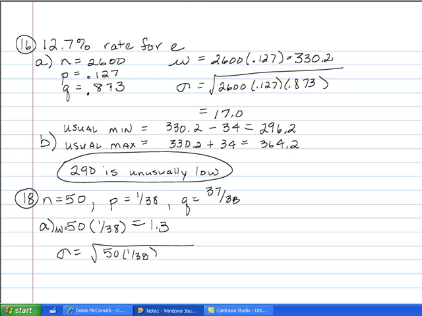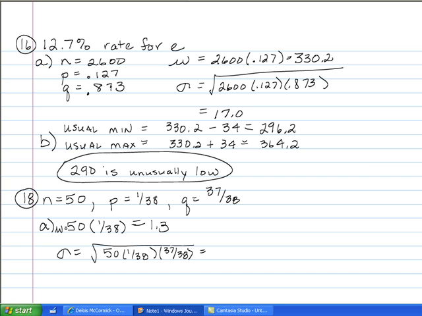Alright, so square root. 50 will be in the numerator, and so is 37. So I'm going to do 50 times 37 divided by 38 squared. Close it off. And I'm getting 1.1.